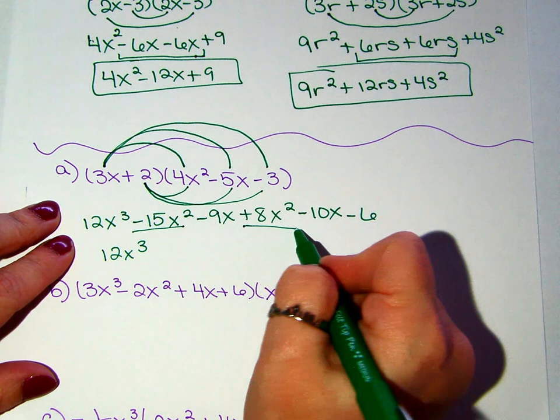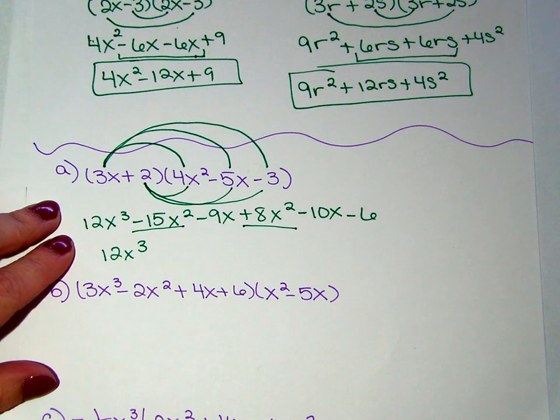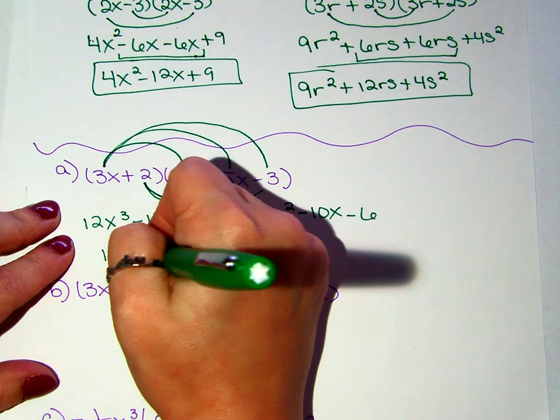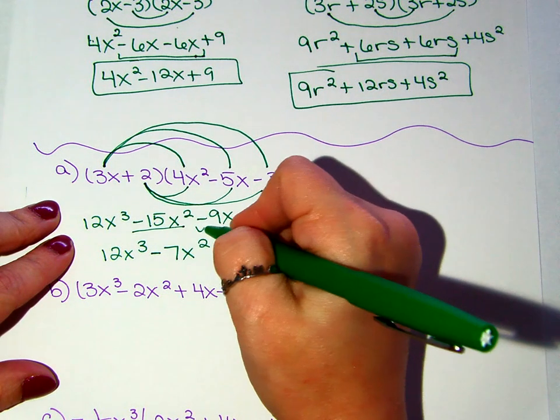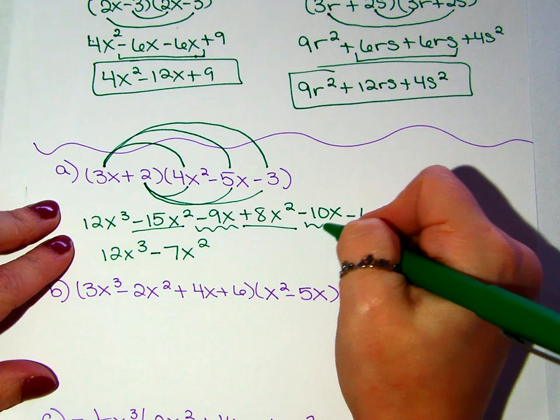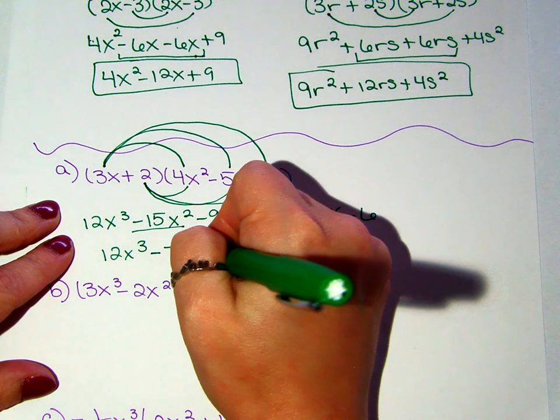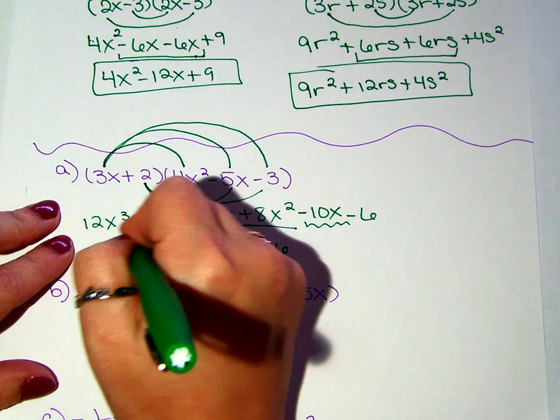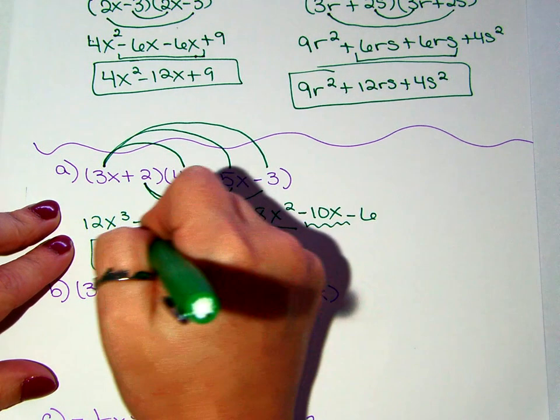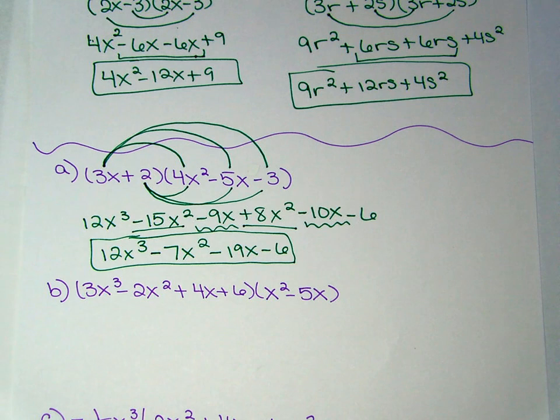Negative 15 plus 8 would give me a negative 7x squared. I have a negative 9x and a negative 10x. Combining those, I'd have a negative 19x, and then I have this minus 6 out here. I cannot combine these any further. I'm not trying to solve for x, and I have it written in descending order. Again, Pearson will not count you wrong. Just a good habit.